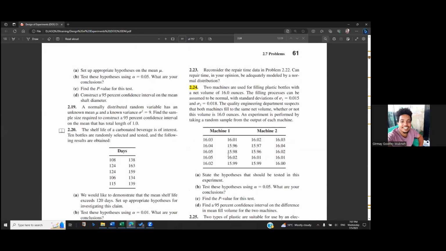So 2.24, titled: two machines are used for filling plastic bottles with a net volume of 16 ounces. The filling process can be assumed to be normally distributed, with a standard deviation given for each machine. The quality engineering department suspects both machines fill to the same net volume, whether or not this volume is 16 ounces.